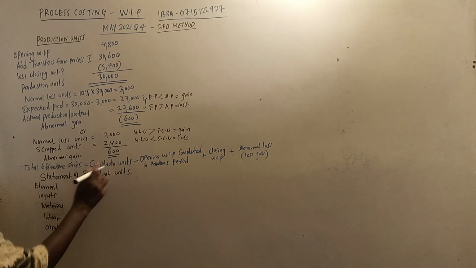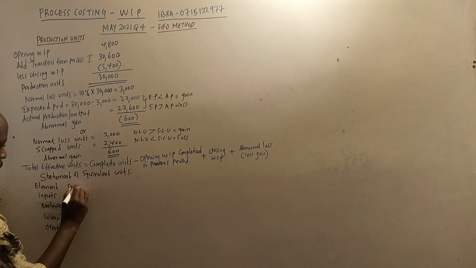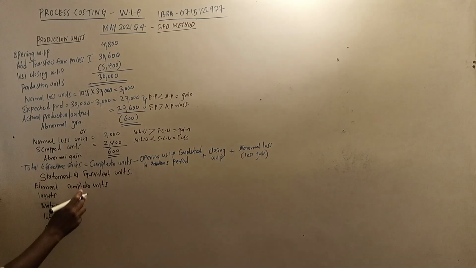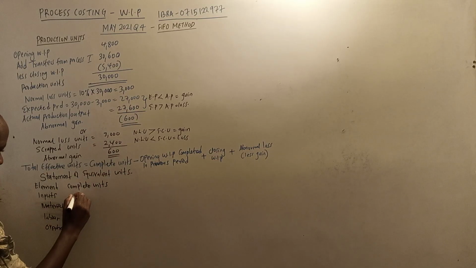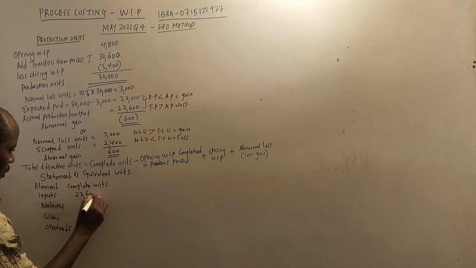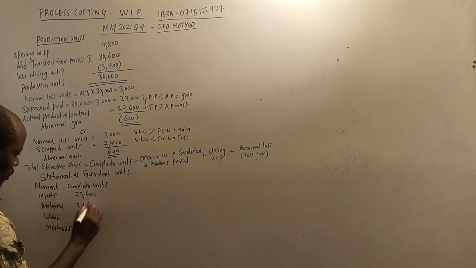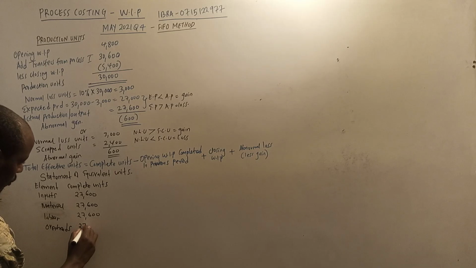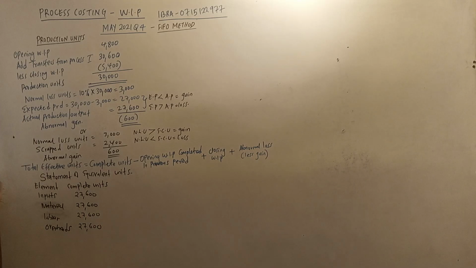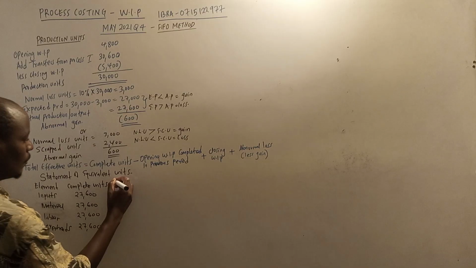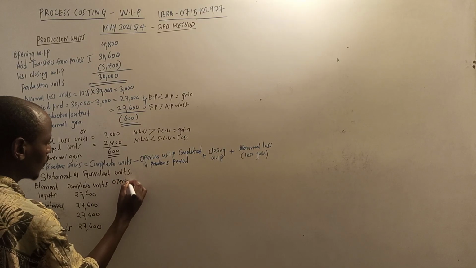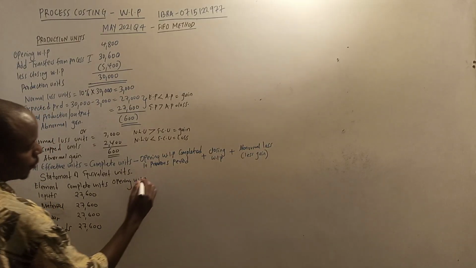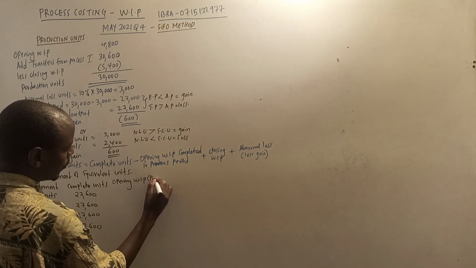We start with the first one, complete units. We are in process 2, so complete units is this output, 27,600 for each element. Then we go to opening work in progress, which is for the previous period.